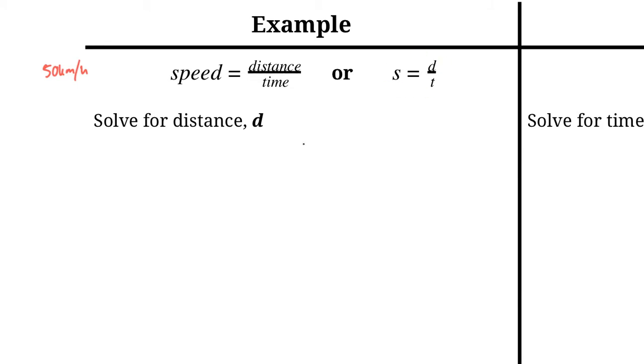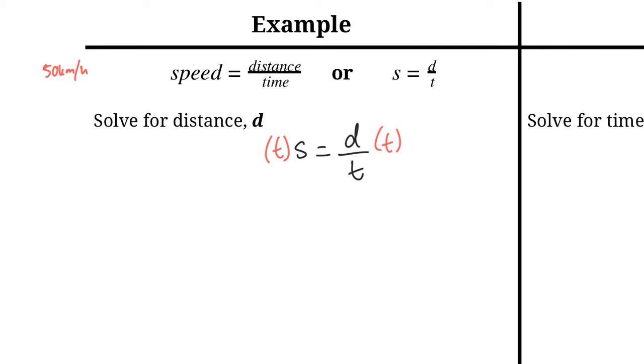So here's our equation. s is equal to d over t. And what's the operation that's happening with d? Well, d is being divided by t. To get rid of t, to undo that, we need to do the opposite operation, and the opposite operation of division is multiplication. So we're going to multiply both sides of our equation by t.